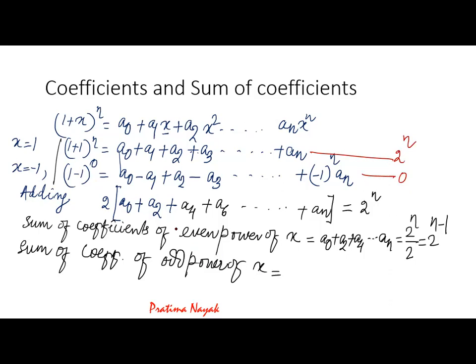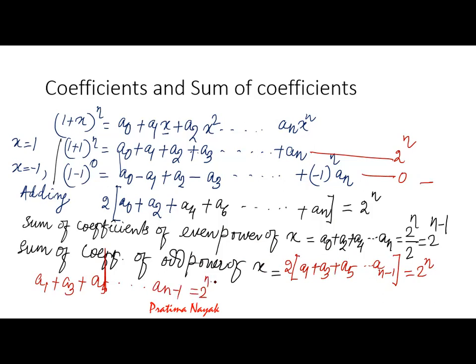If I subtract, I'll get twice a1, a3, a5 up to a to the power n minus 1. So this is again 2 to the power n, because 2 to the power n minus 0. So a1 plus a3 plus a5, all the odd powers, you are getting again 2 to the power n minus 1.